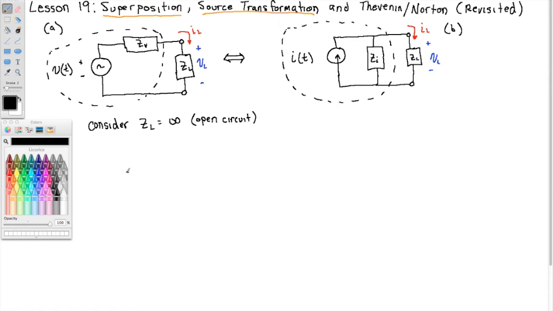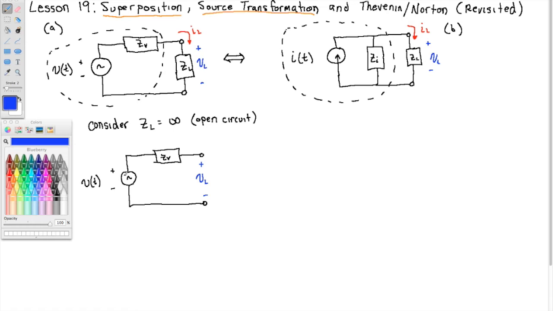Picture A will look like this now. And let's ask ourselves, how much voltage is across that open circuit now?